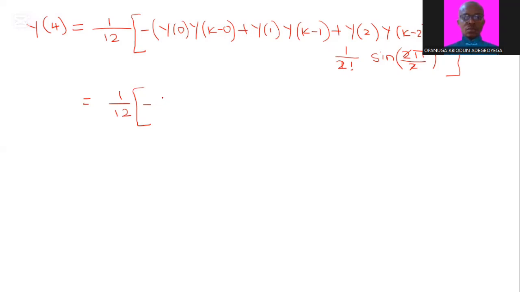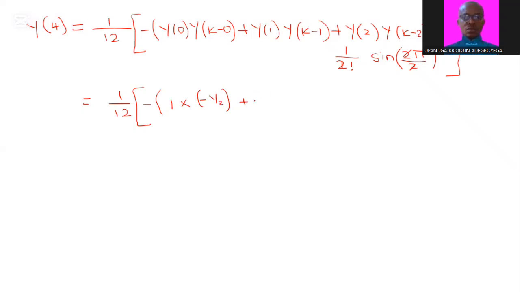So this will be 1 over 12 negative. So this will give us y of 0 here is 1 times y of, our k here is 2, so that will be y of 2. And y of 2 from what we obtained previously was negative 1 over 2.